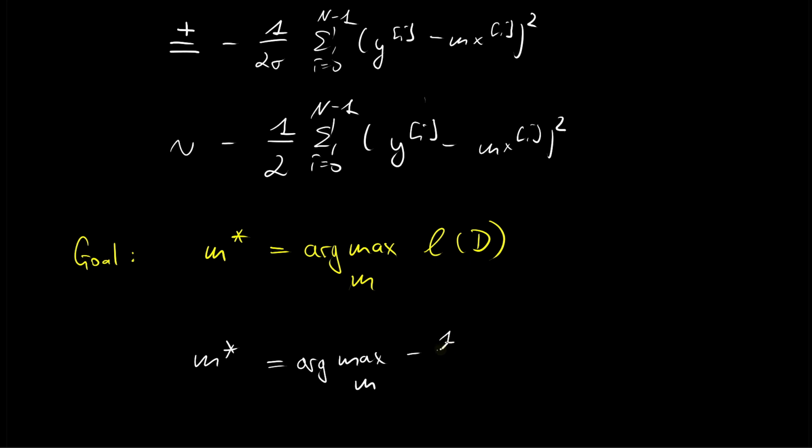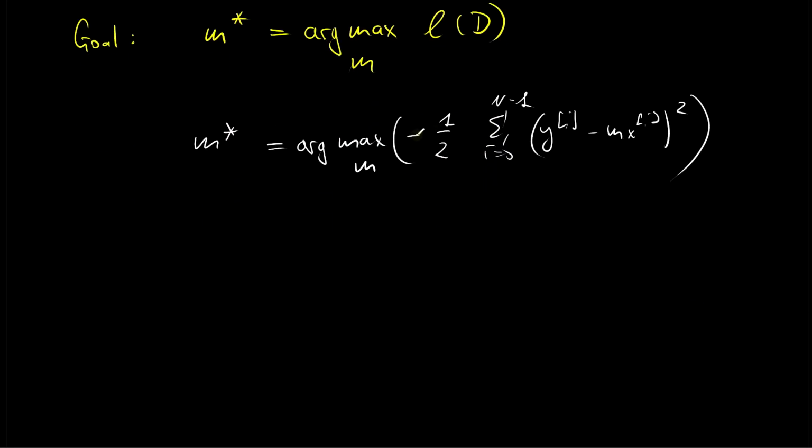And then we have this loss function, which we already have here. So I will just copy that down. So that's where it is. And then we can take away the minus and change this into a minimization problem.